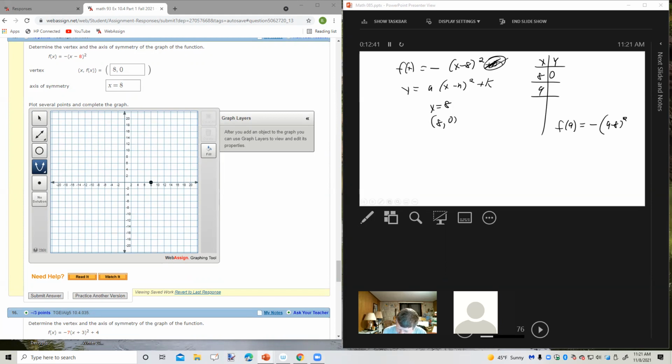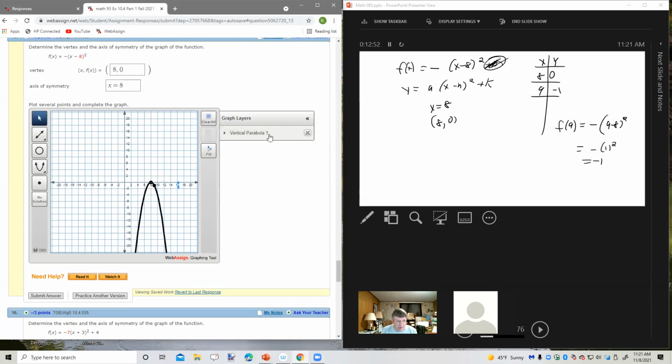I just put that there to show that k was 0, which is negative 1 squared, or negative 1. So (9, negative 1) is right there. I'm going to check my points, (8, 0), (9, negative 1). And I would check your points before you click submit answer, because sometimes if you're not paying attention to the scale, you'll plot them incorrectly. And then, of course, you can always fix them here, right? Okay.